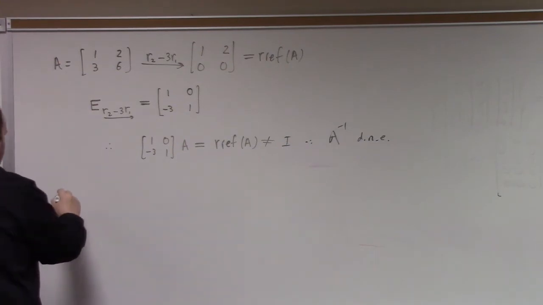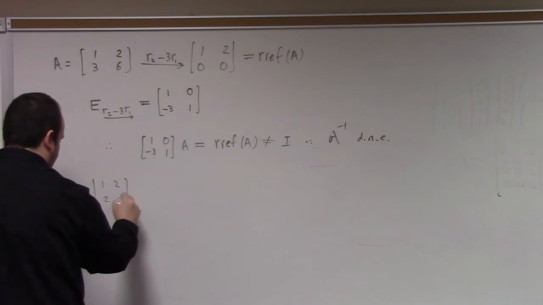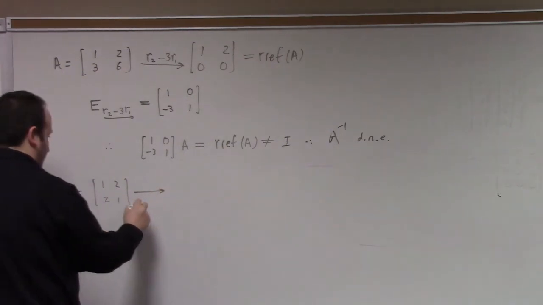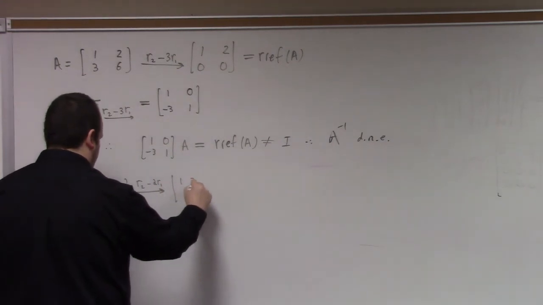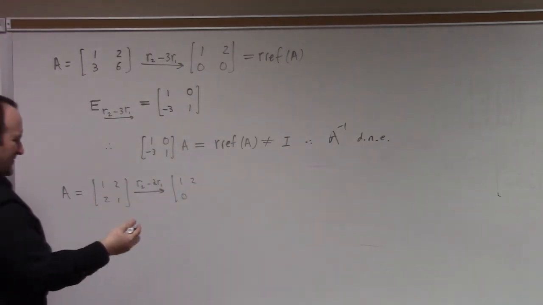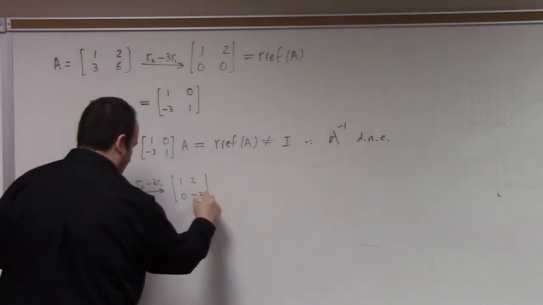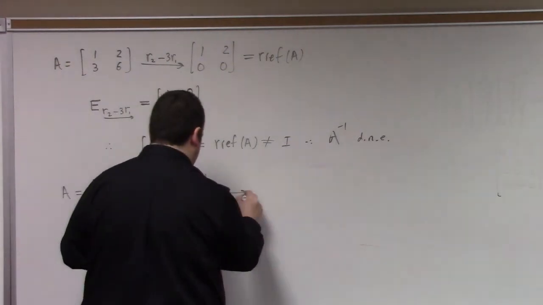A separate example, if I had A equal to 1, 2, 2, 1, well, row reduce this thing. Row 2 minus 2 times row 1. Minus 3, is it? And then I'll rescale row 2.